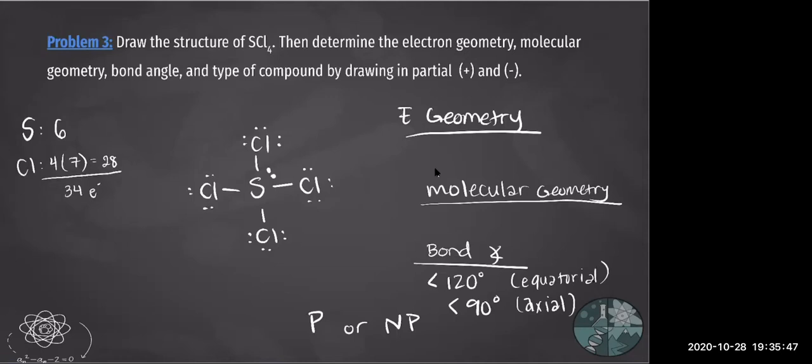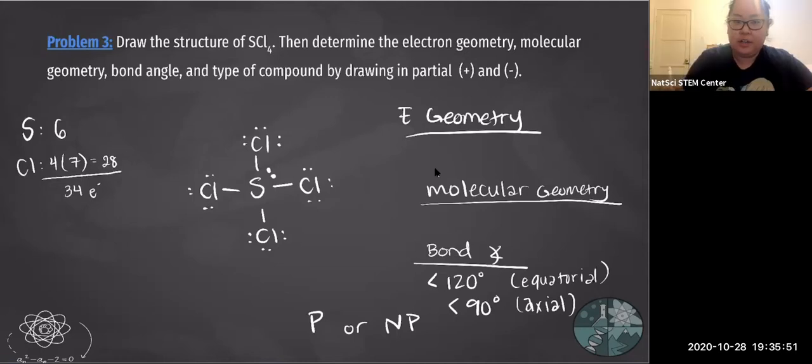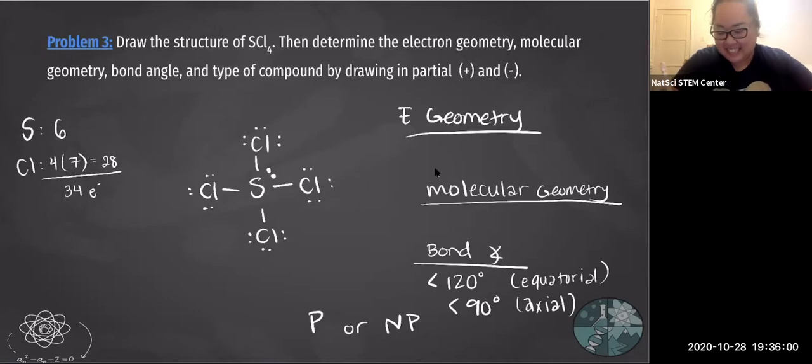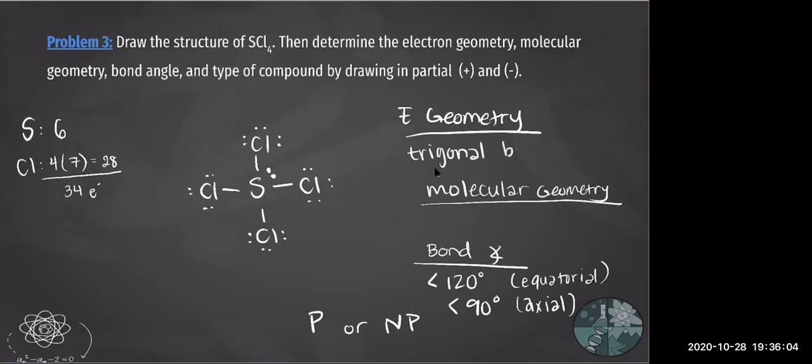Okay. So what did you guys get for your electron geometry? Trigonal bipyramidal. And then for molecular, seesaw. Yes.